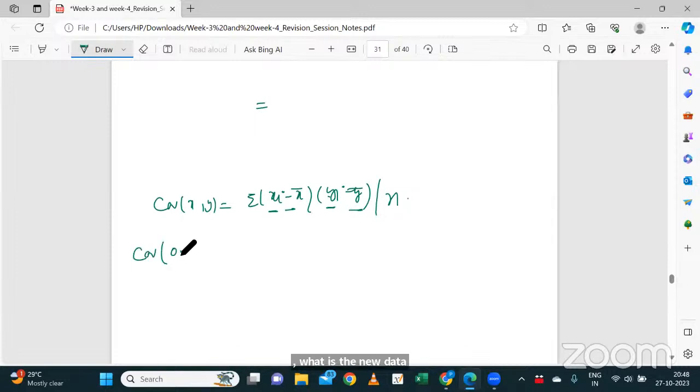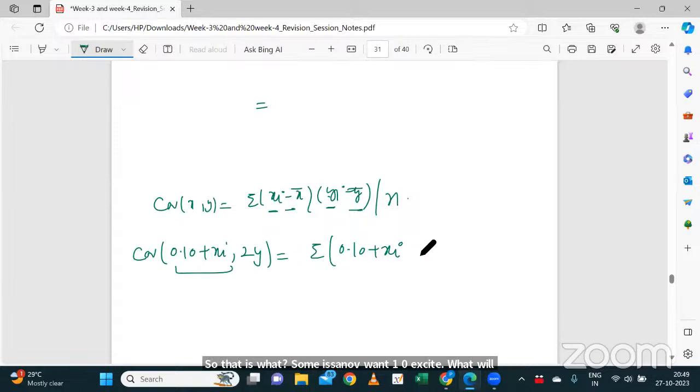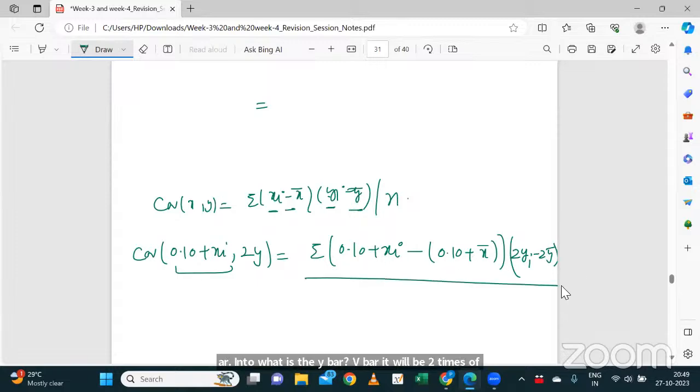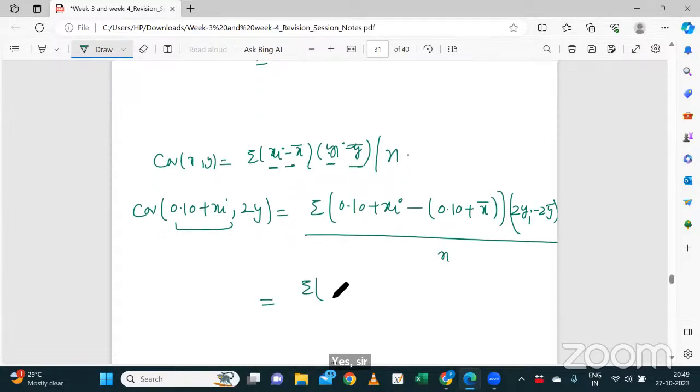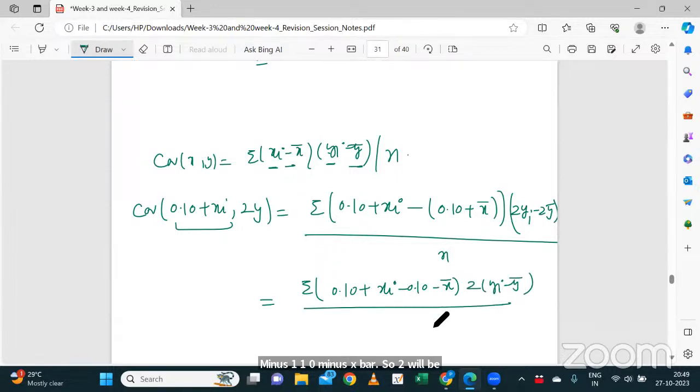It is 0.10 plus xi, and 2 times y. The mean will be the constant added, so it will be 0.10 plus x bar, and for y bar it will be 2 times yi minus 2 times y bar, divided by n. So the summation of (0.10 plus xi minus 0.10 minus x bar), with 2 outside, into (yi minus y bar), divided by n.